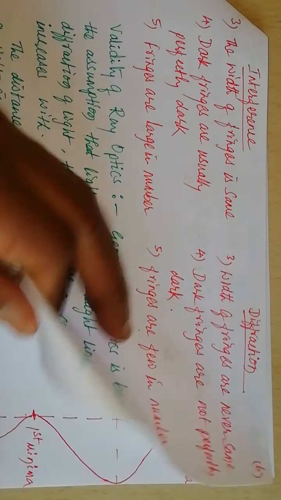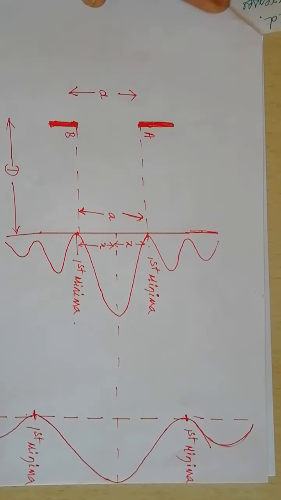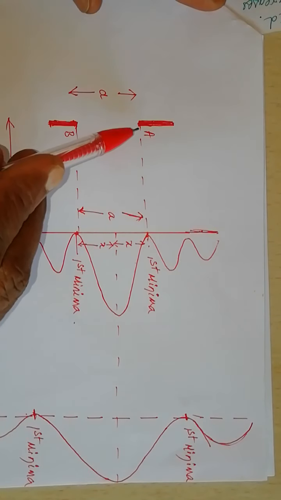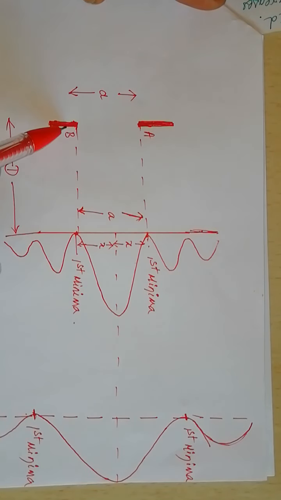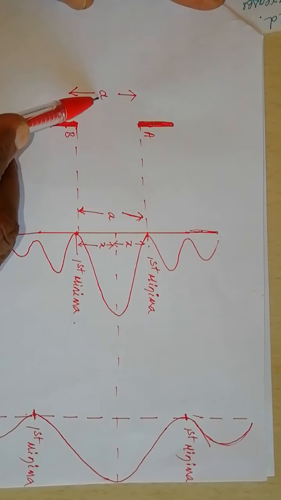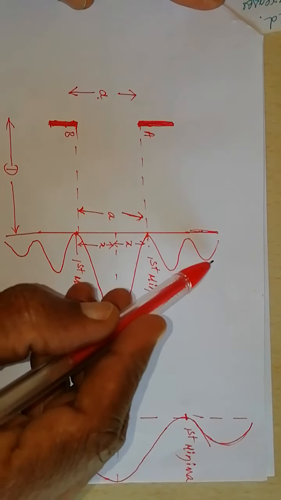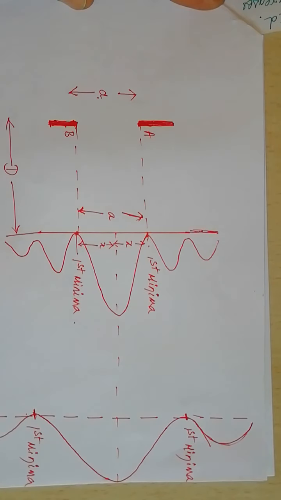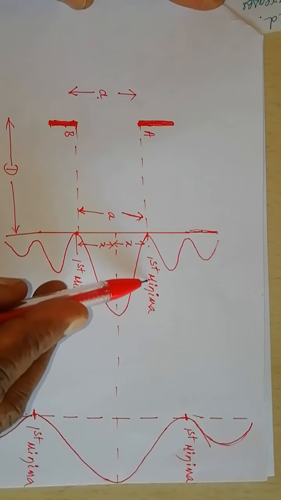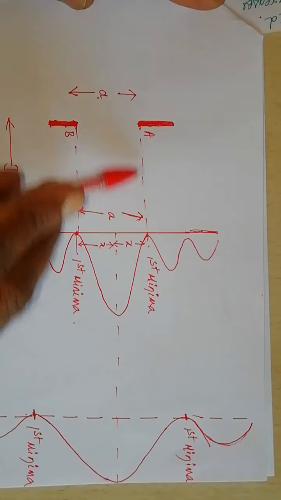So that you can visualize from this particular diagram here. AB is the rectangular narrow single slit. Width of the slit is a, right? And this is the diffraction pattern obtained on the screen. The first minima is formed exactly opposite to A.